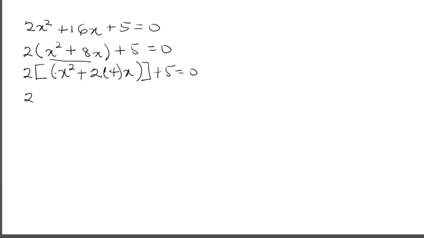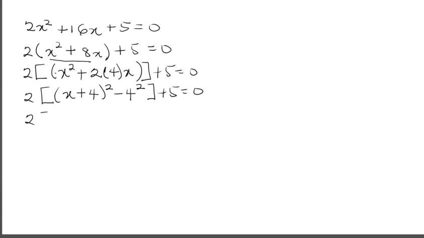So this gives us x, and then plus our b, and then all squared minus b squared plus 5 is equal to 0.